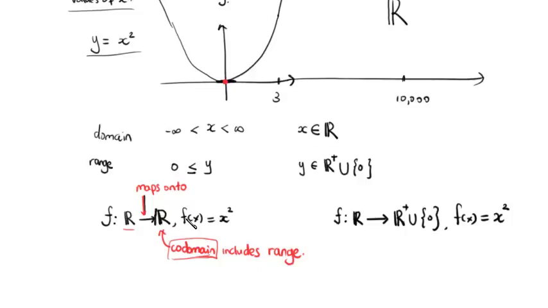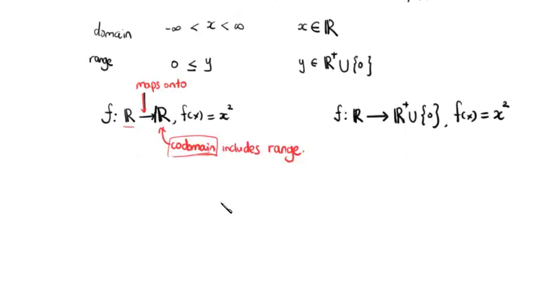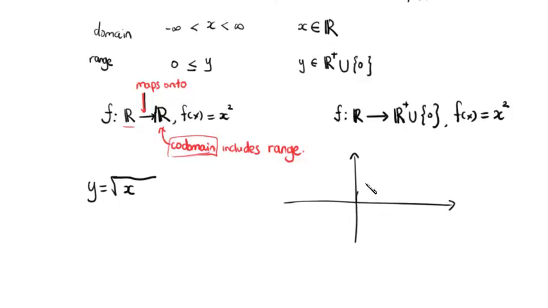So I'm going to give you another example. Let's think about y equals root of x. This one looks like this. So this one here, the domain is, so I'm going to write domain.